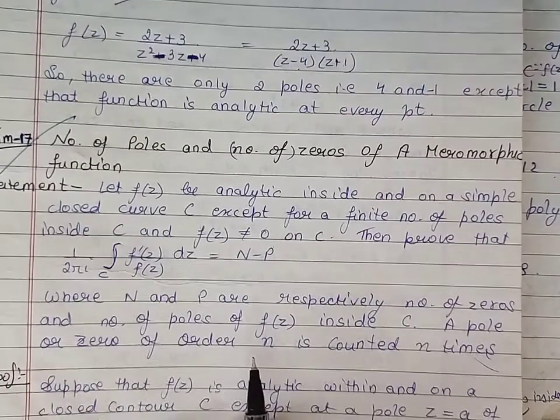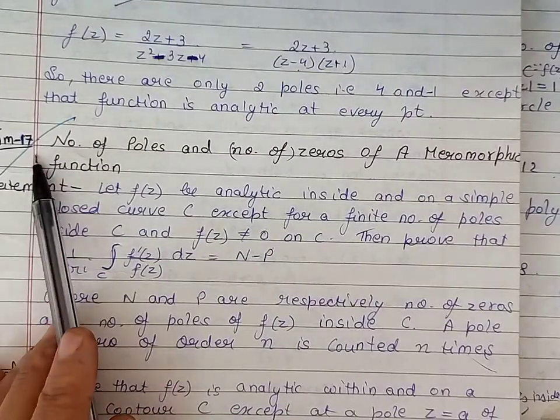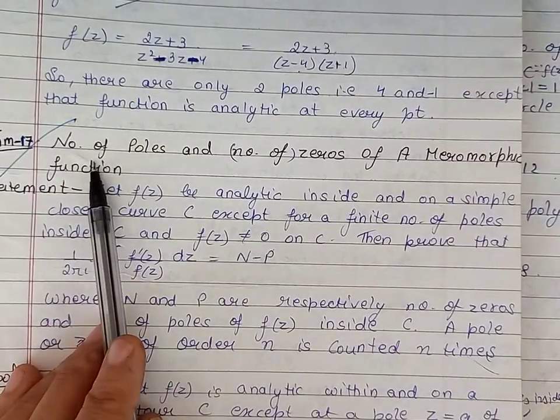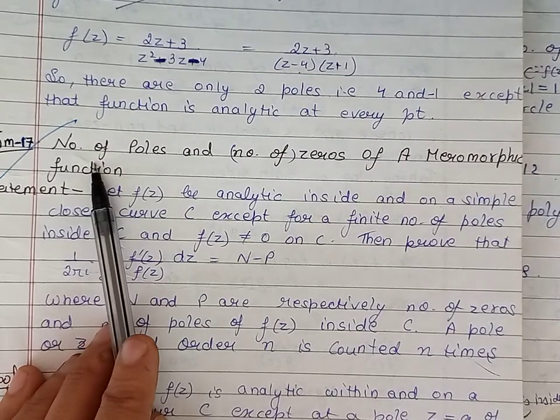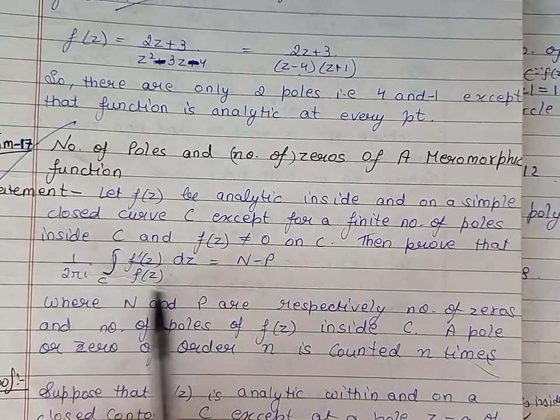Now, the next theorem is to find the number of poles and zeros of a meromorphic function, the relation between the two.